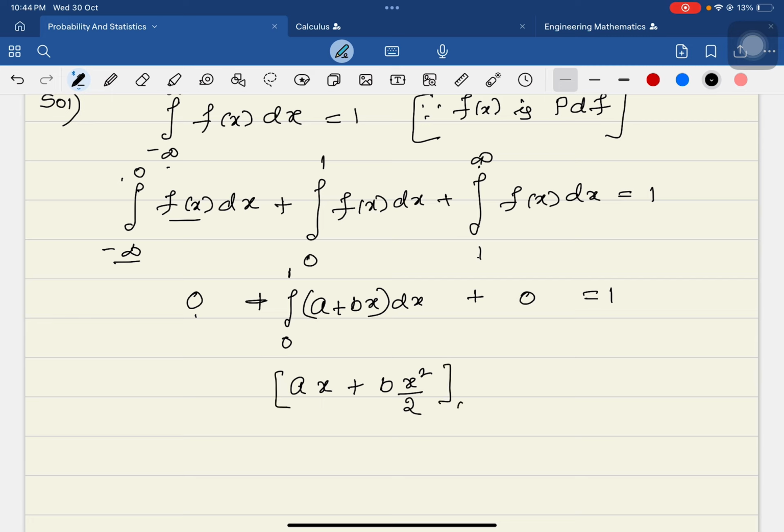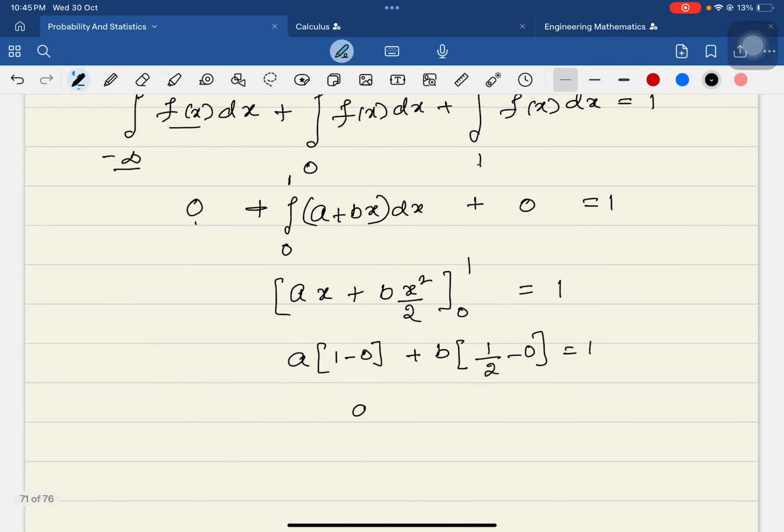Let us substitute the limits 0 to 1, which equals 1. Applying the upper limit minus the lower limit, a times 1 minus 0 plus b times 1 by 2 minus 0 is equal to 1. Now what is this giving you? a plus b by 2 is equal to 1, or you can rewrite this equation as 2a plus b is equal to 2. Let us call this equation 1.